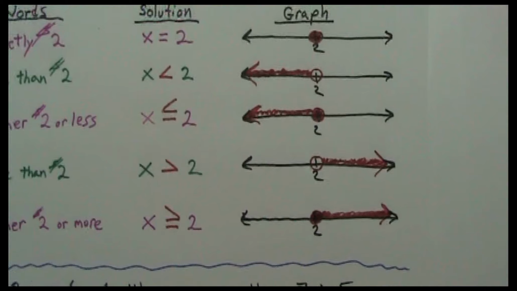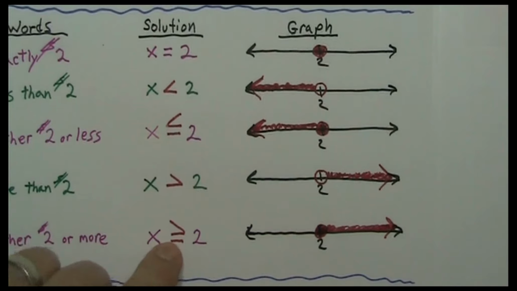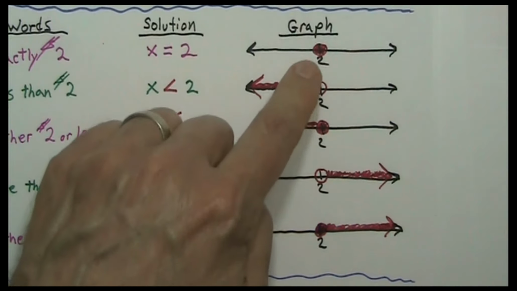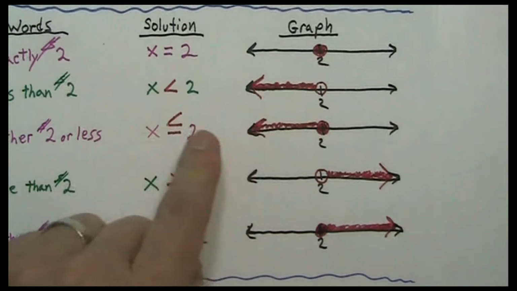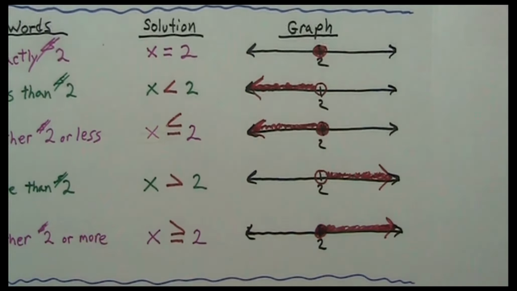So hopefully you notice the pattern that if there's an equals in there, a bar, that it's a solid circle. But if it's no bar, it's open circle, because that cannot be the answer.